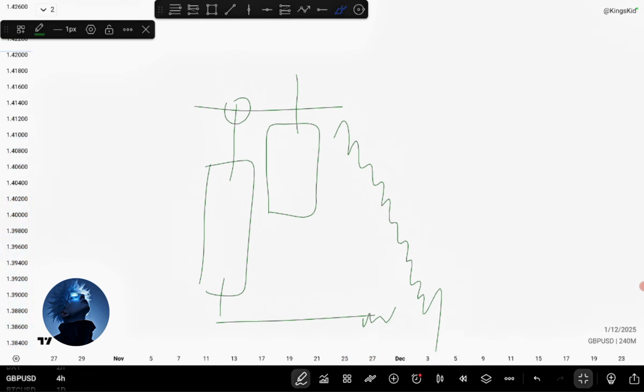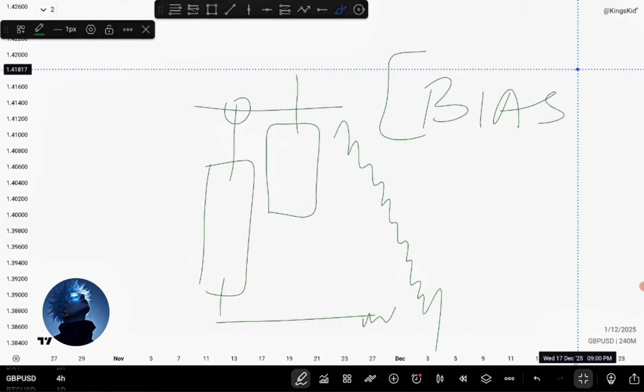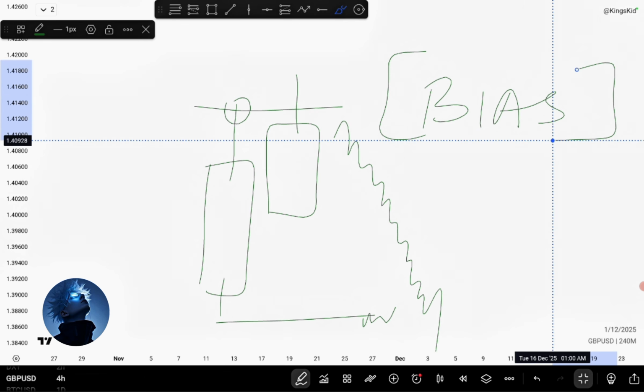The reason is bias. You need to understand bias, right? So if you're a range trader, if you're a lower time frame range trader, you want to take a glimpse of the higher time frame, 2x from the time frame you are trading or 3x from the time frame you are trading, to be able to generate an accurate bias for your potential next external range liquidity or your drawing liquidity, right?